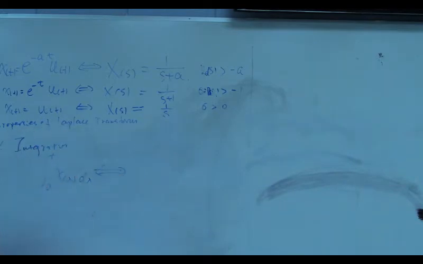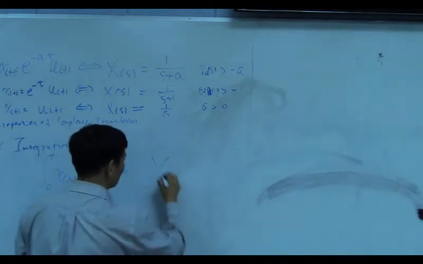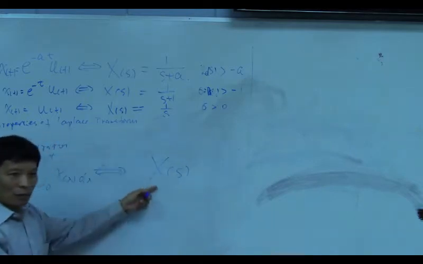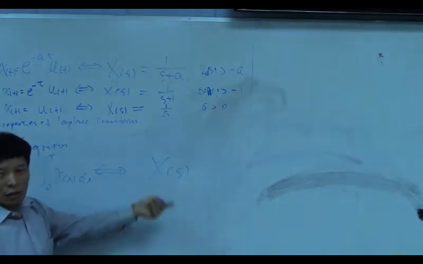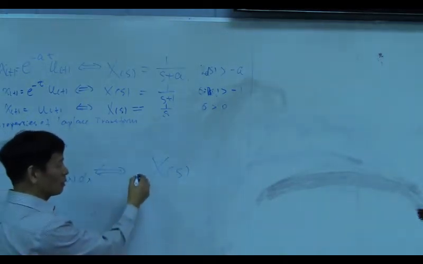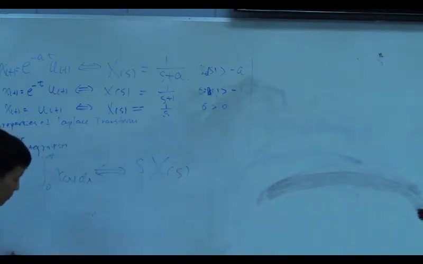What is this? I want somebody to guess this. Educated guess. In differentiation, if the initial condition equals 0, it is s times the transform, right? That is for differentiation. Now for integration, what do you think?